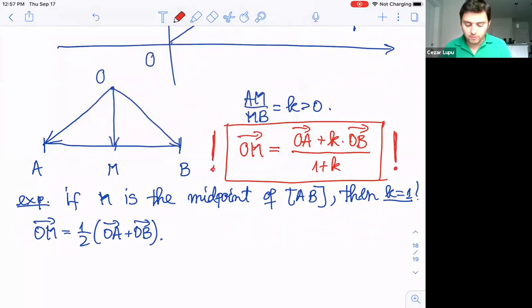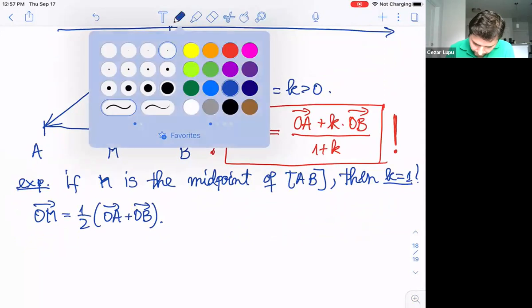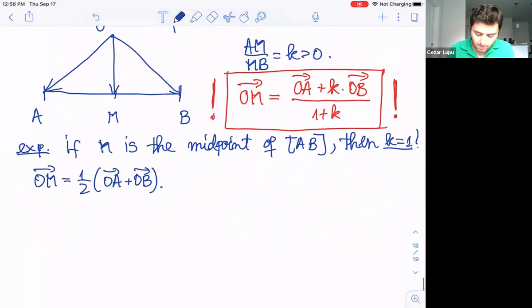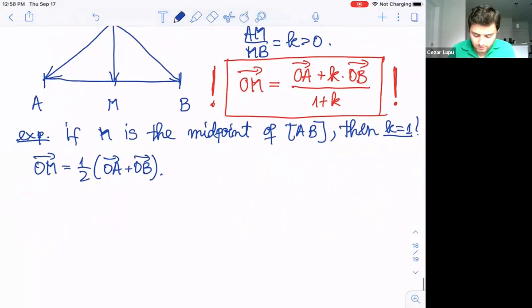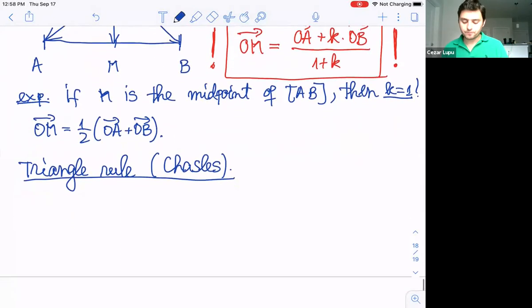Well, how are we going to prove this? Well, it's not that hard. There will be another thing that you need to know. It can be derived immediately, but I'm not going to go into the proof of this. It's the triangle rule, which is due to the French mathematician Charles. And this says the following.